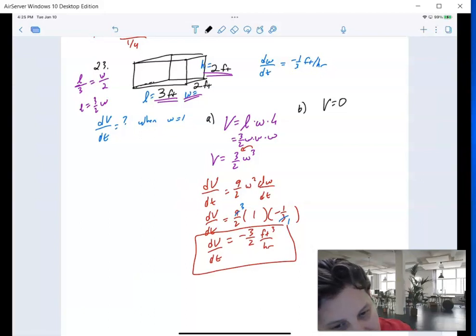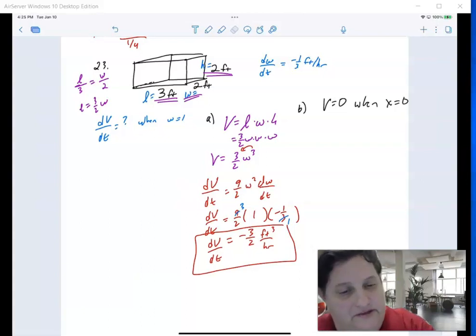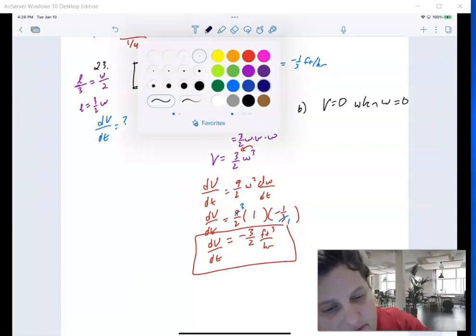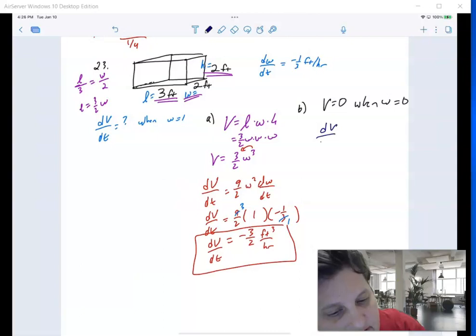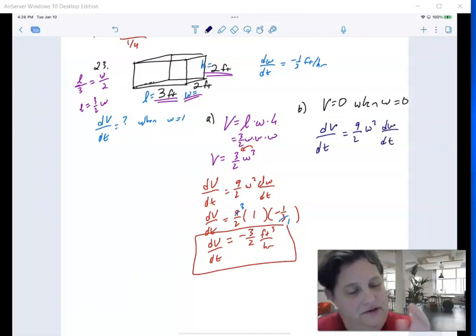We know volume is 0 when the width is 0. Use W, not X. And I've got this formula here, dV/dt is 9 over 2 W squared dW/dt.